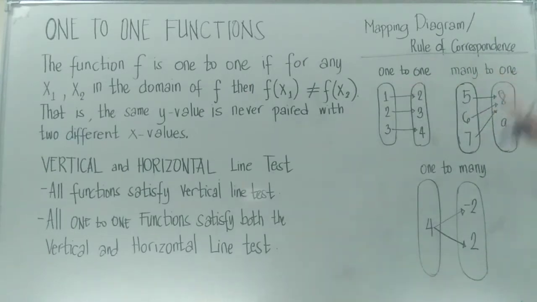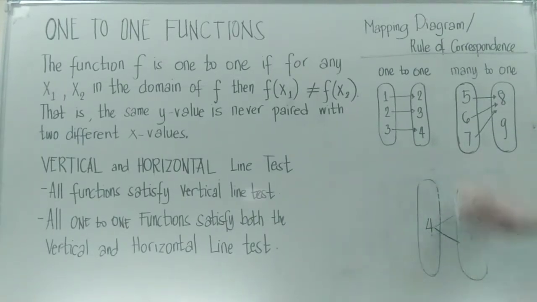On the board, we have three mapping diagrams and the correspondence of the relations. Of course, we have one-to-one and many-to-one as our functions, and one-to-many is a relation but not a function. So a one-to-many correspondence or mapping diagram is not a function, and we will not use this one.